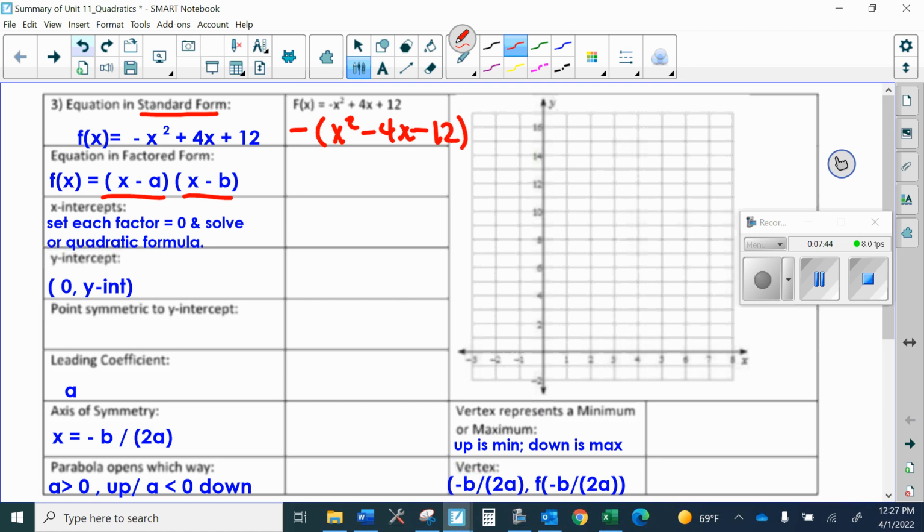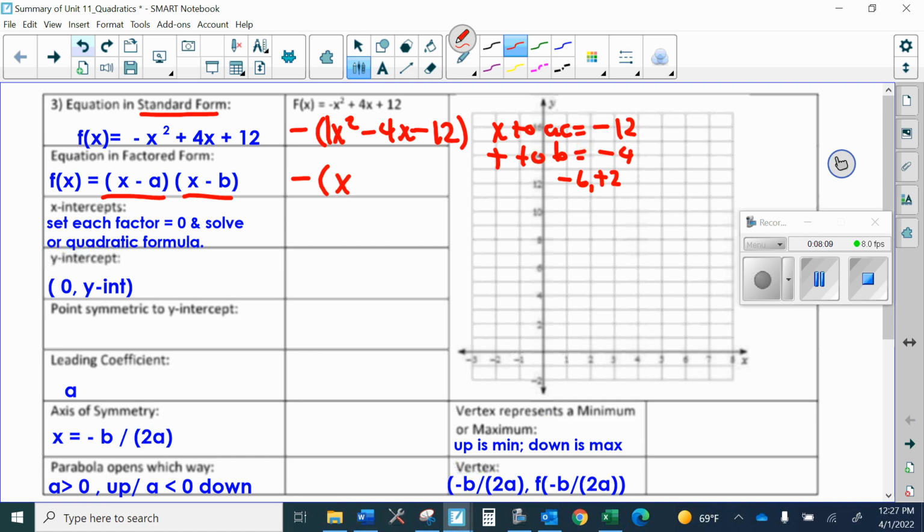Now we go ahead and factor that. Remember, it must multiply to AC, which is 1 times negative 12 or negative 12, and add to B, negative 4. And so those two numbers are negative 6 and positive 2. That adds to negative 4 and multiplies to negative 12. So I cannot forget to drop that negative down.